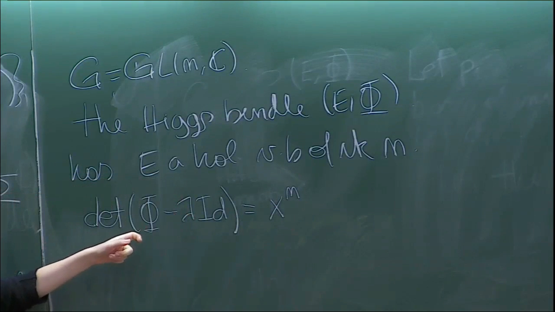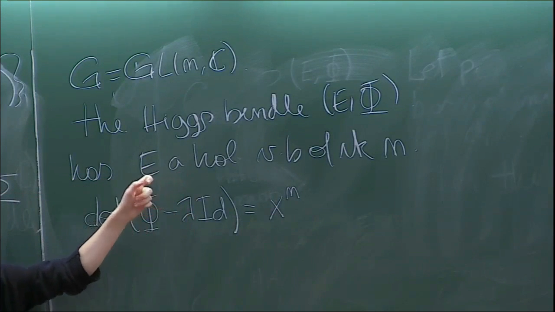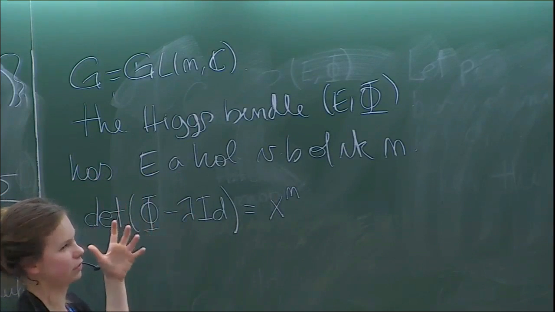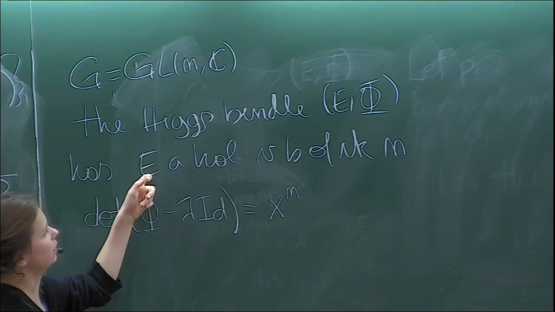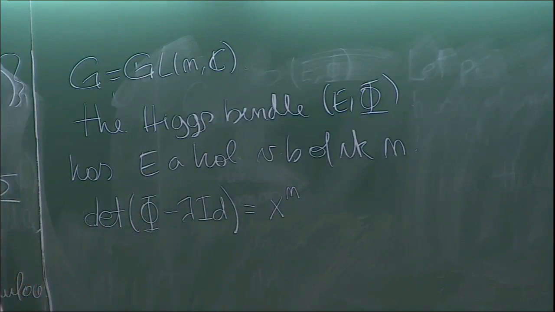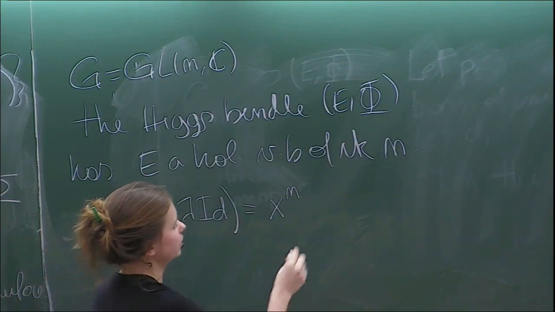So this is the determinant of a section with values in the canonical bundle of a vector bundle of rank n. So over each point is a vector space. We have an n by n matrix acting there, a GLn matrix.